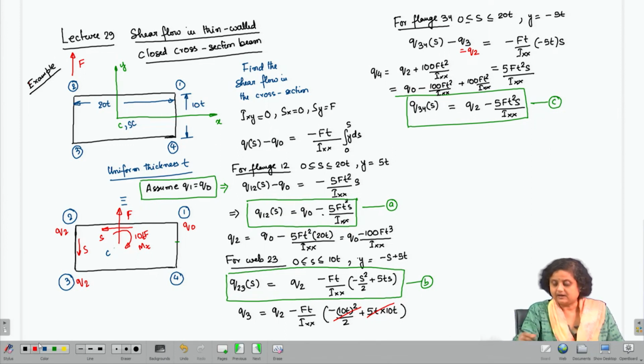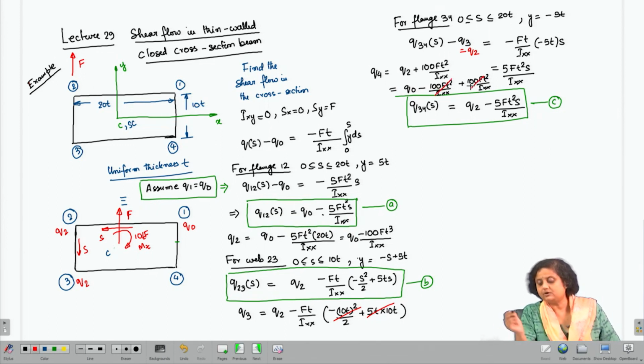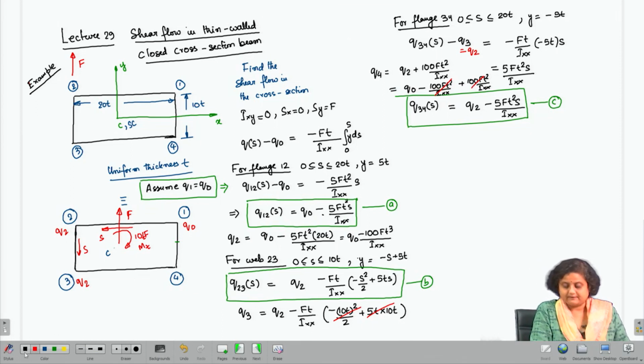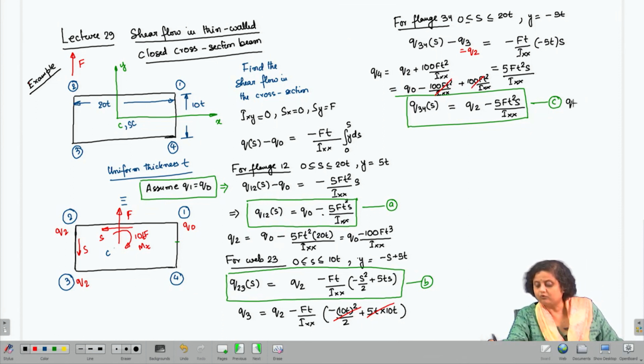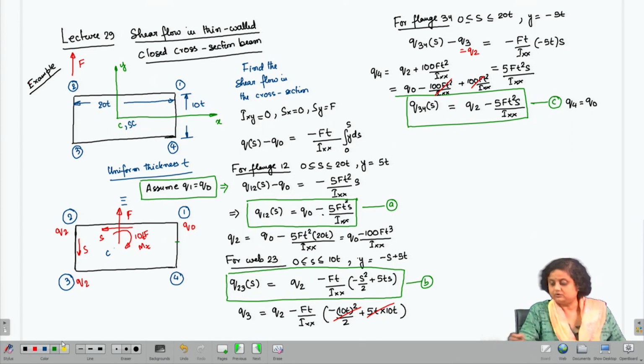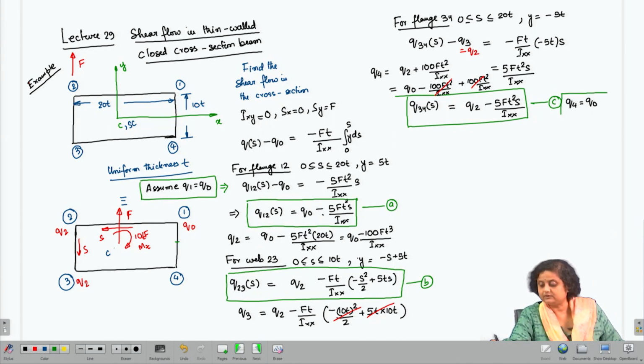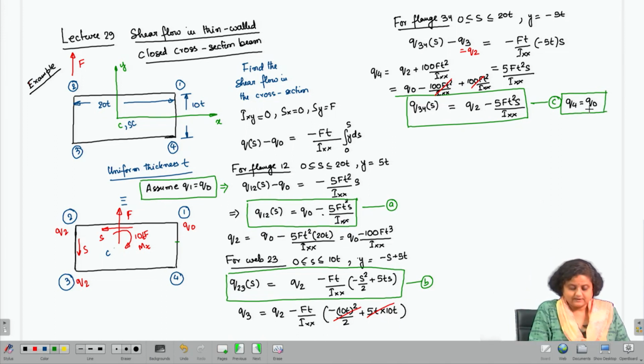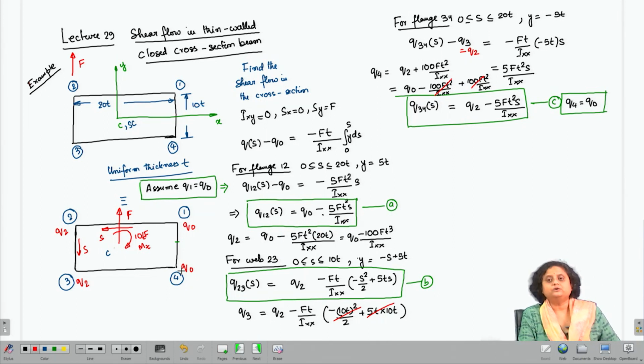So, these are going to get cancelled out and we will be having Q4 is going to be Q0. So, this is the other expression that we have. So, we can write that Q4 is going to be Q0, which is also acceptable physically because it is symmetric about x axis. So, Q at 1 should be equal to Q at 4.